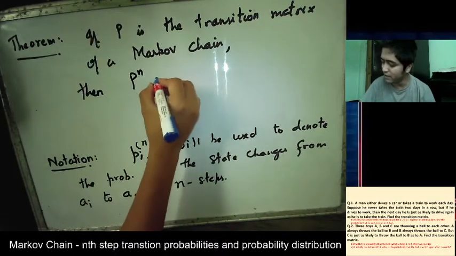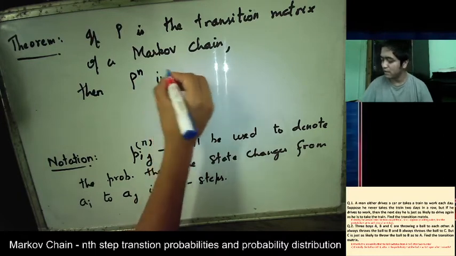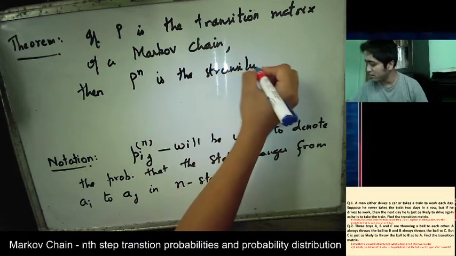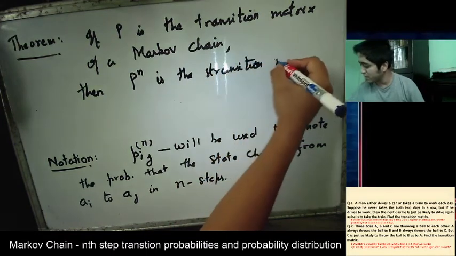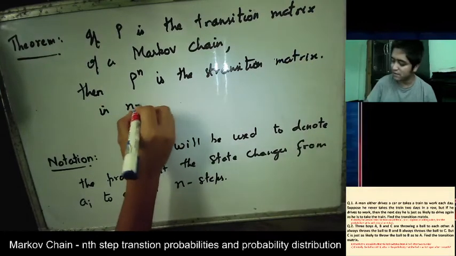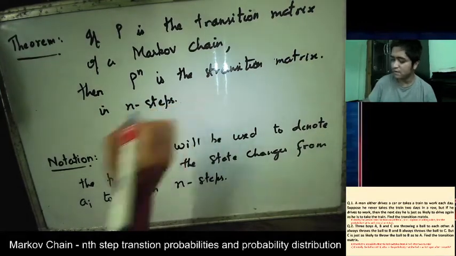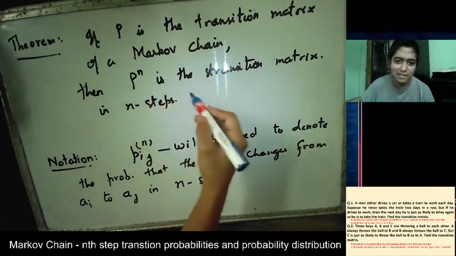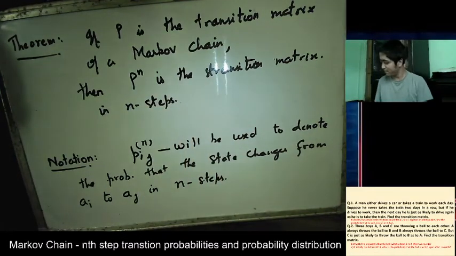Then P power n is the transition matrix in n steps, or it will consist of n-step transition probabilities.